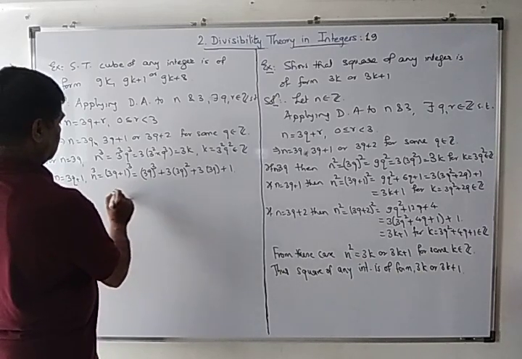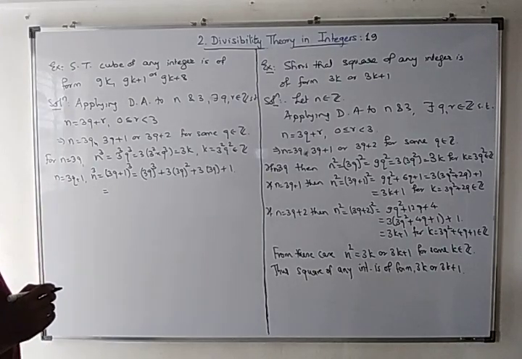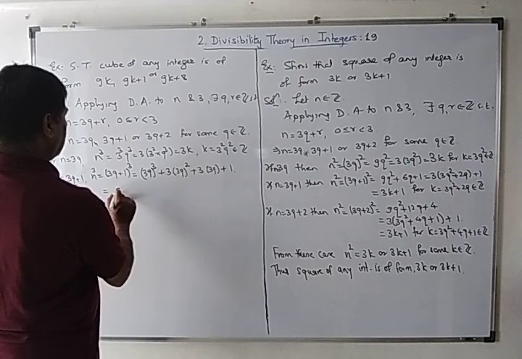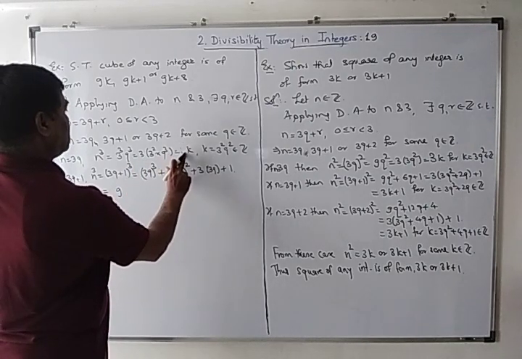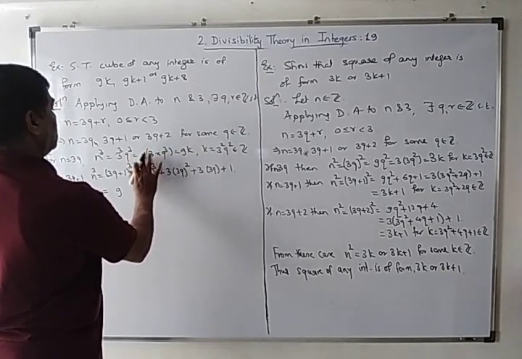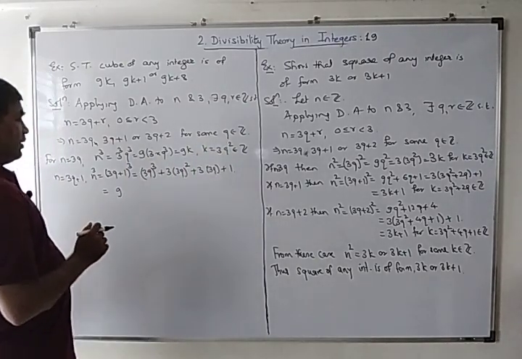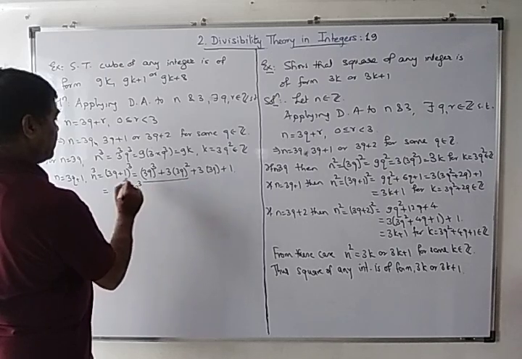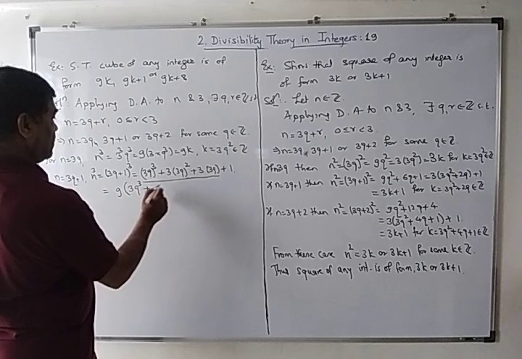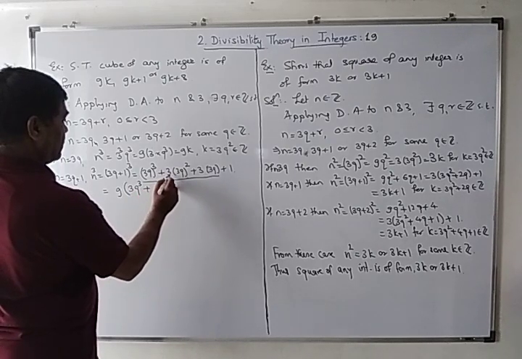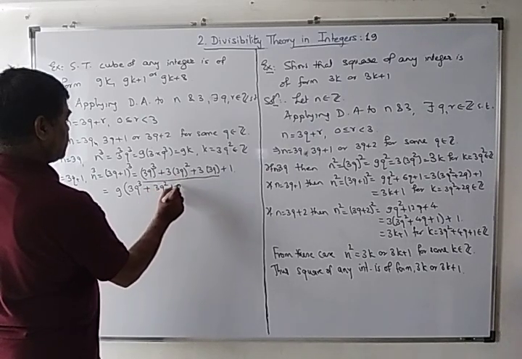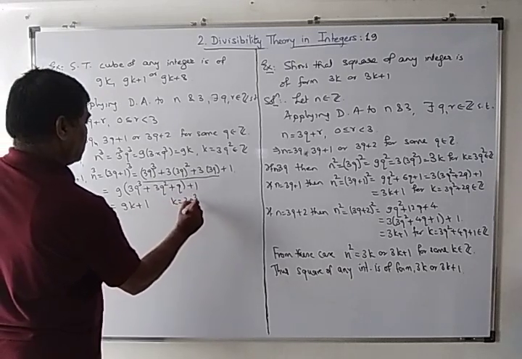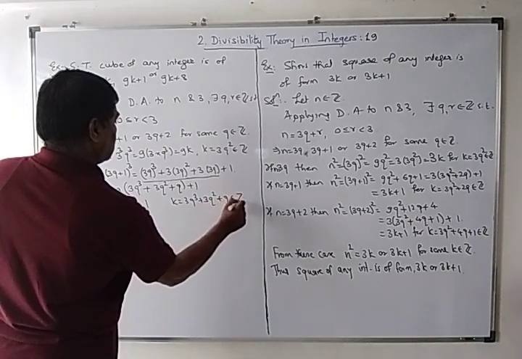Then I can write this by taking 9 outside the bracket as 9 times (3q cube plus 3q square plus q) plus 1, which is equal to 9k plus 1, where k is equal to 3q cube plus 3q square plus q belonging to Z.